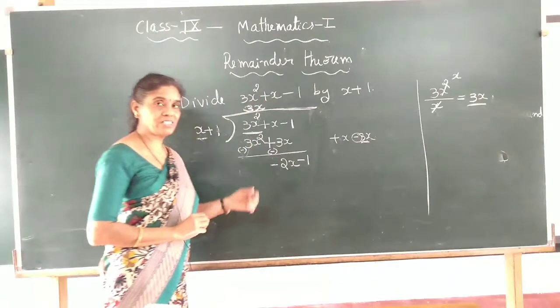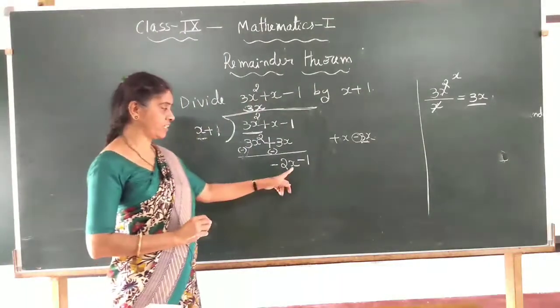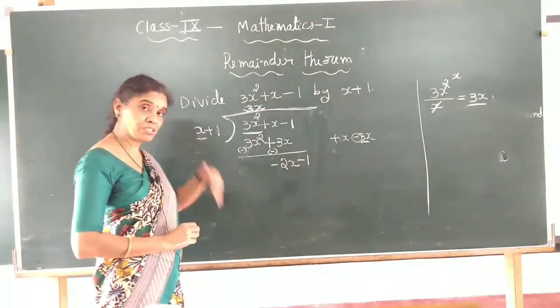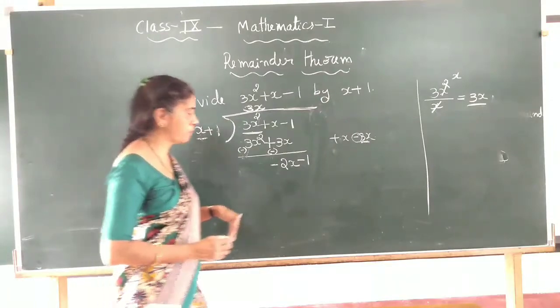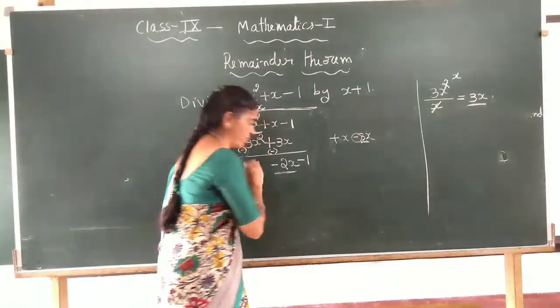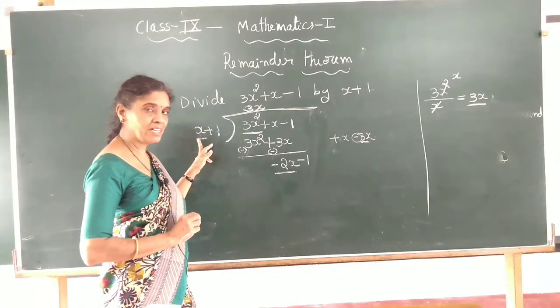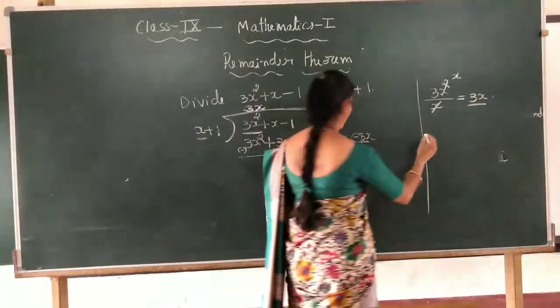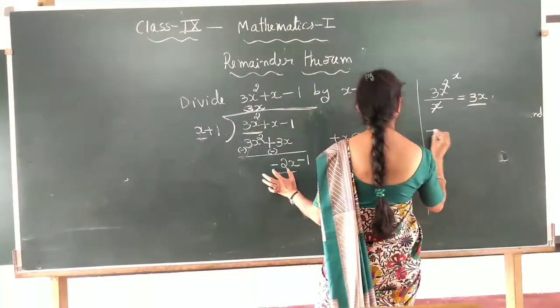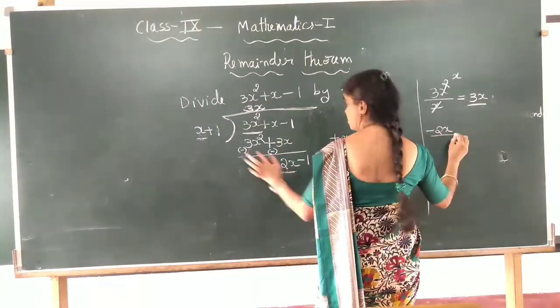Okay. Now the division is not completed. Again a variable is there, you can divide by x. One more step is there. Okay. So the next step is to take the first term of this one and divide it again by the first term of this divisor, namely x. So it is minus 2x divided by x.